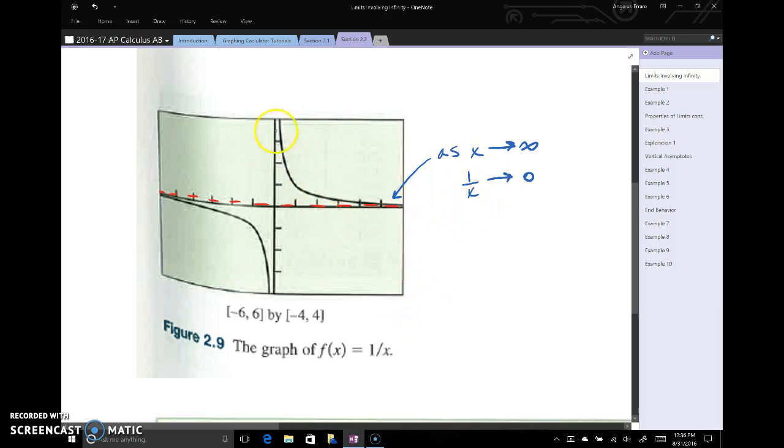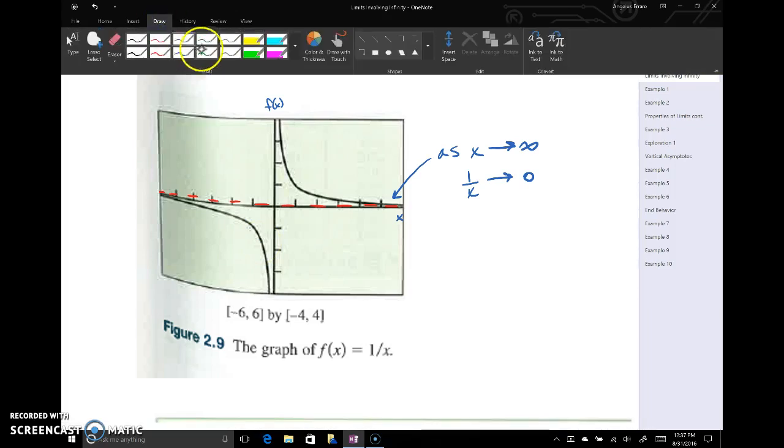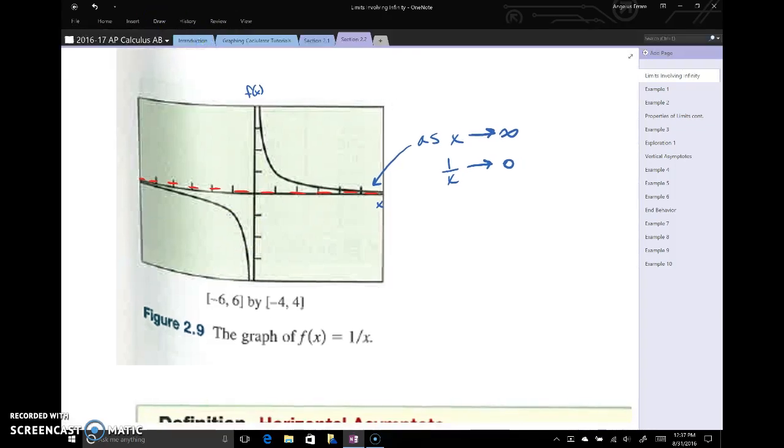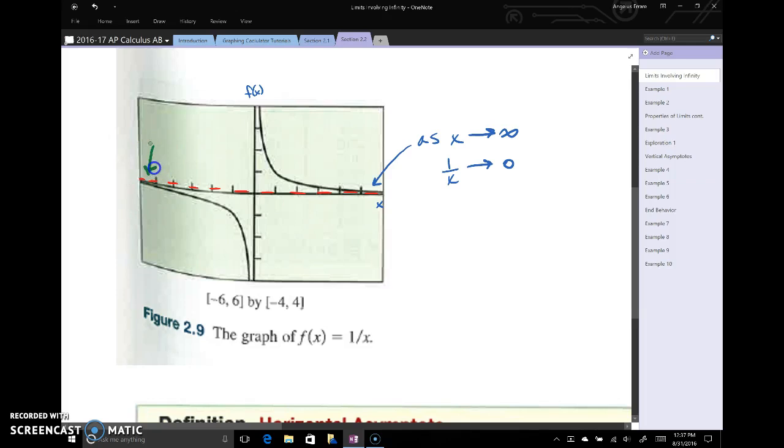The function's value being the vertical axis. This is x, and this is f of x. Same thing over on the other side. Here we could write, as x approaches negative infinity, the function 1 over x approaches 0.